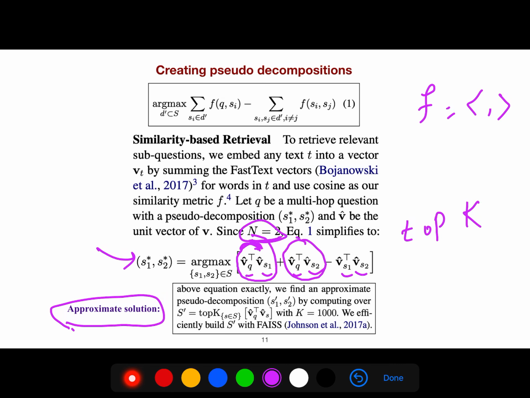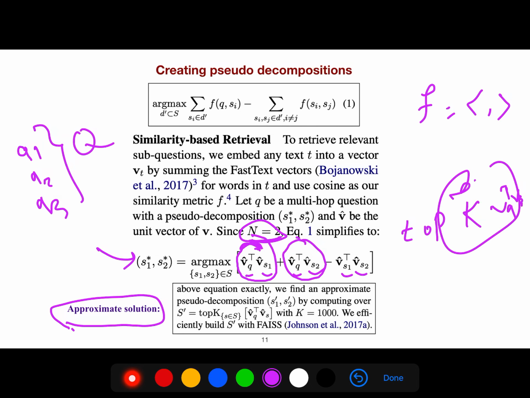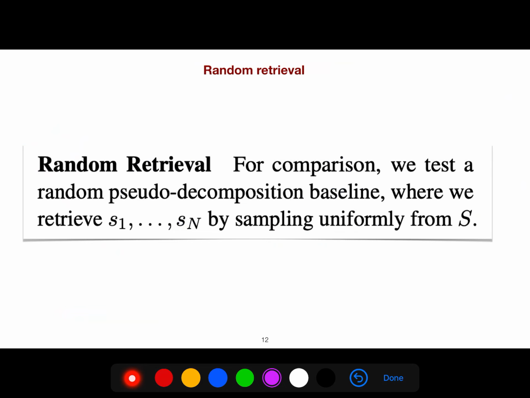It means we have two sub-questions, but you could have question 1, question 2, question 3 for a given question Q. But here, for simplicity, we say n is just 2. So we have only 2 sub-questions. And we maximize it over the top K, VK transpose VS, because this is the main factor of this optimization.